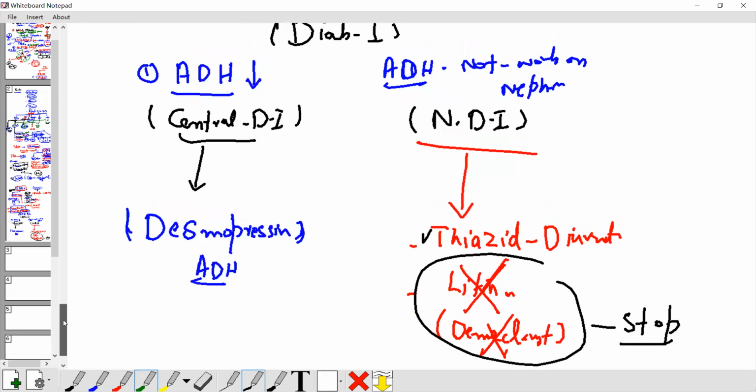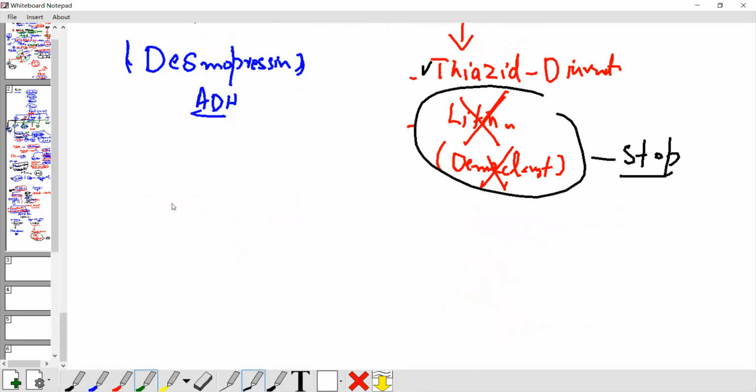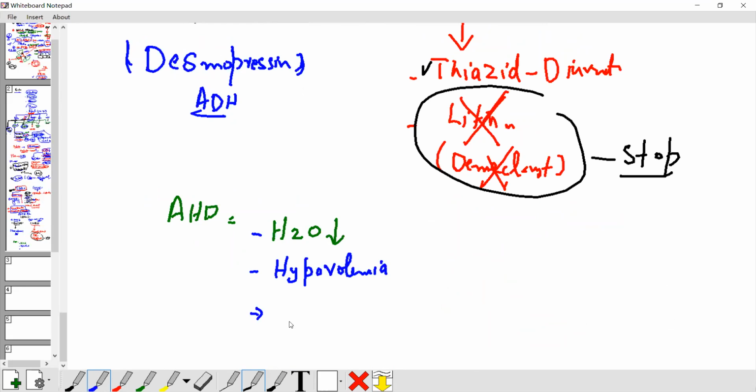What happens inside the kidney in diabetes insipidus? Because ADH is not working, can you absorb water? No. Water goes out. When water goes out, what happens? Hypovolemia, water loss. Blood pressure a bit low.